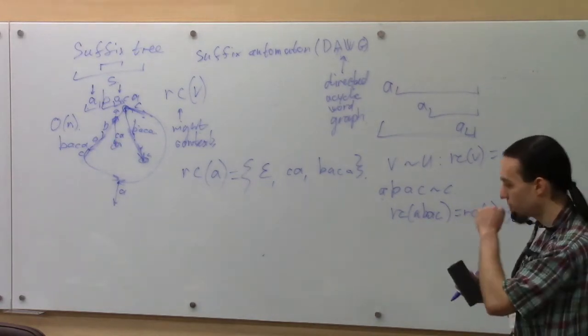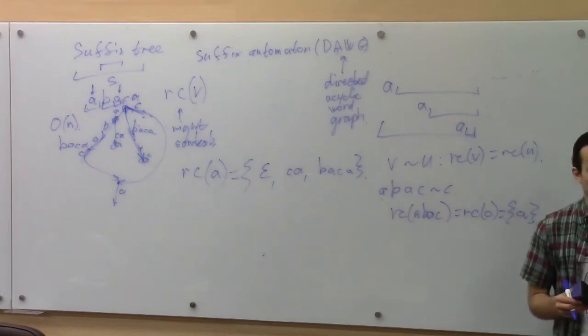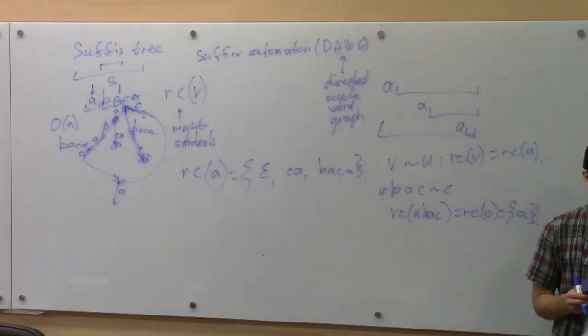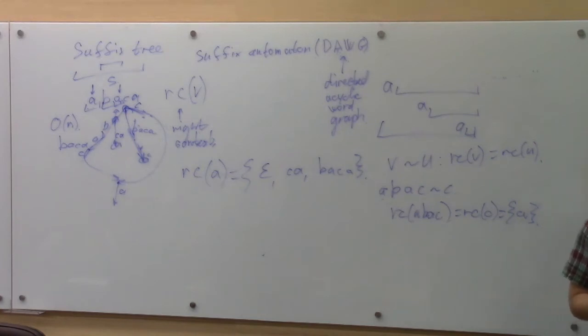So now we want to obtain basically the smallest possible finite automaton, right? I'm going to explain what that means in a minute. Basically, we are going to obtain a graph.